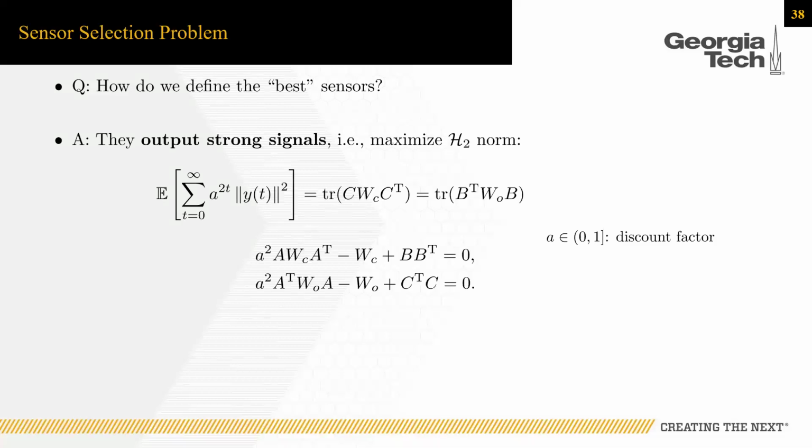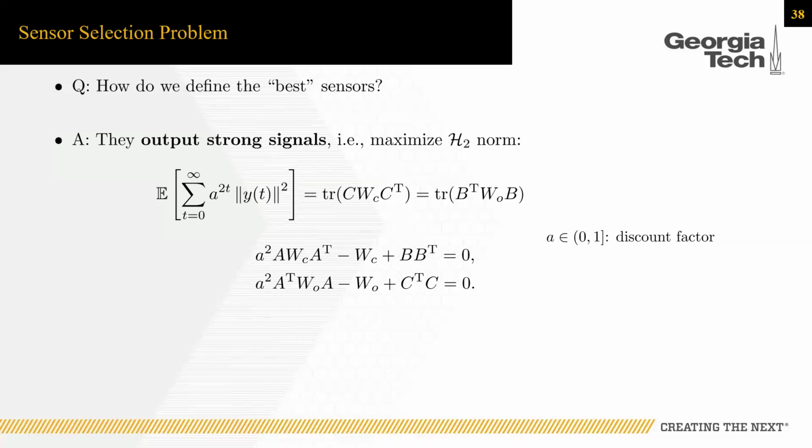Something that will penalize how strong the signals are. In other words, this H2 norm. I want to maximize it: what sensor gives me the most reliable and the strongest data for me to do my control. This is just maximization of this H2 norm.